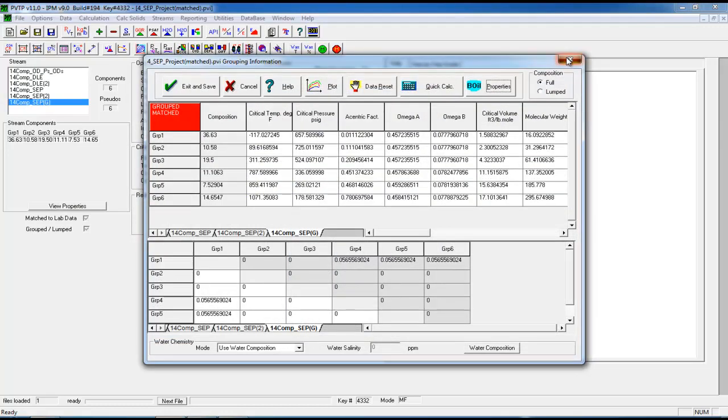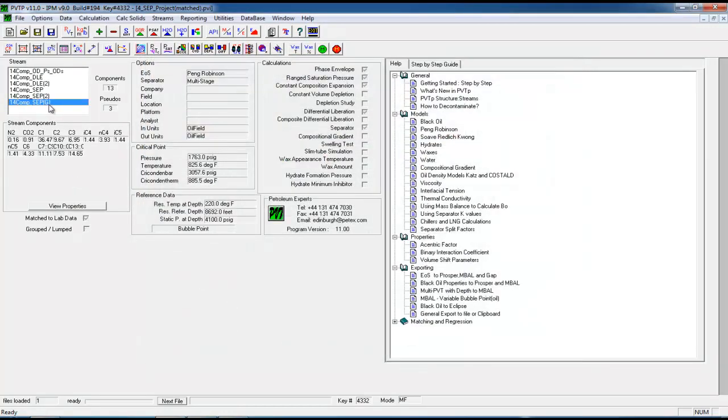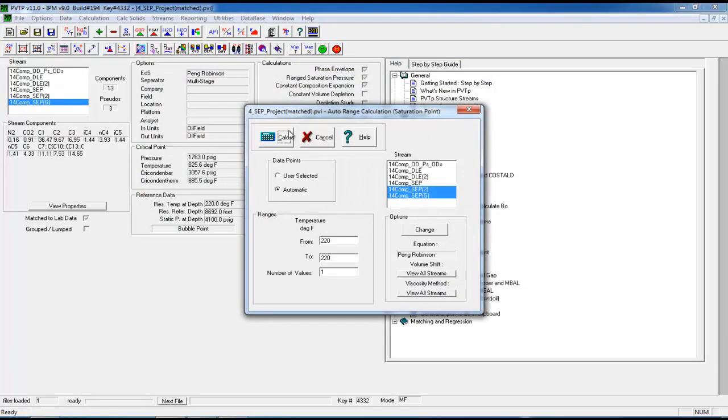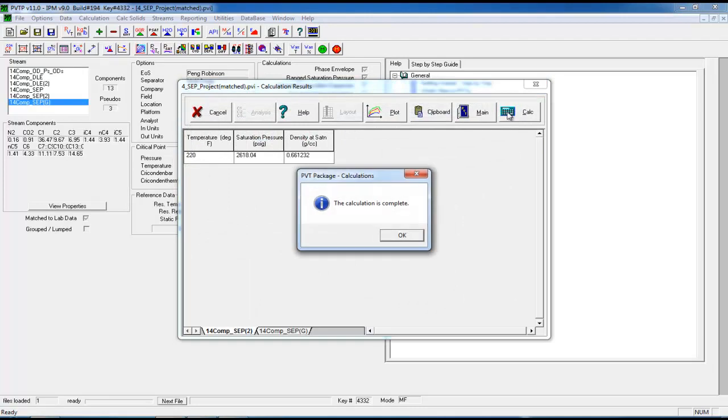So in this step, for this composition, I can also compare, for example, the bubble point pressure, BSAT. It was 2,620 and now it's 618. So it's okay compared to lab data.